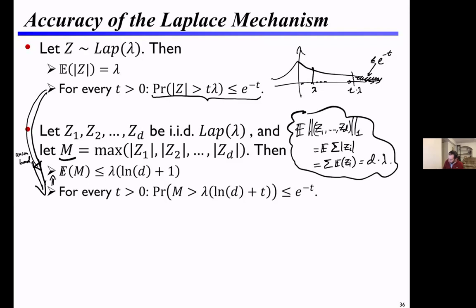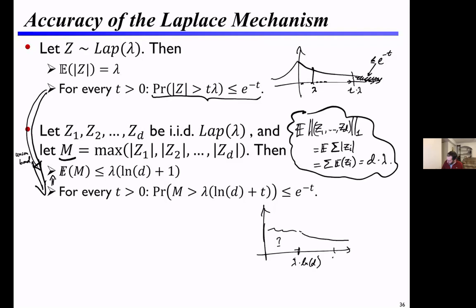The other useful property is a tail bound, which says that for every t, the probability that this maximum exceeds lambda times log d plus another t multiples of lambda is at most e^(-t). Basically, if I look at the distribution of M, who knows what happens up to lambda times log d, but once you pass that point, it starts to drop off exponentially.